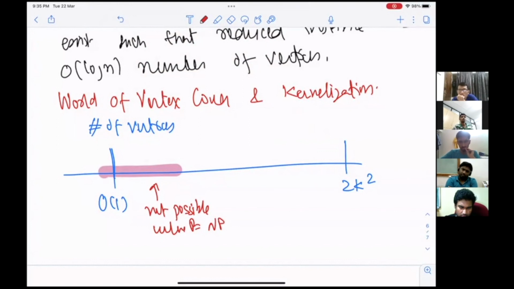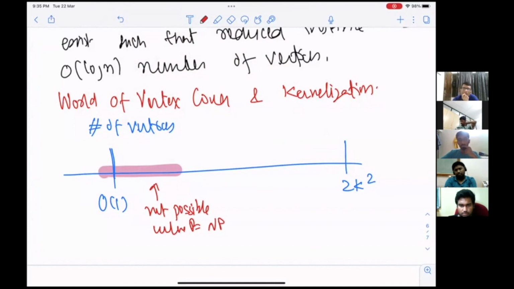Unless P equals NP only implies somewhere here that log k is not possible, and 2k squared is possible. So now let's see what else can be proved from the right side. You understand my point?